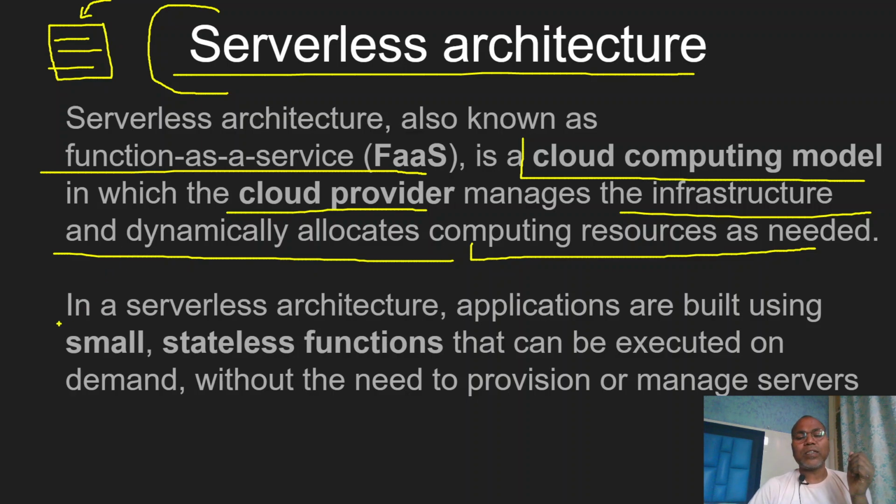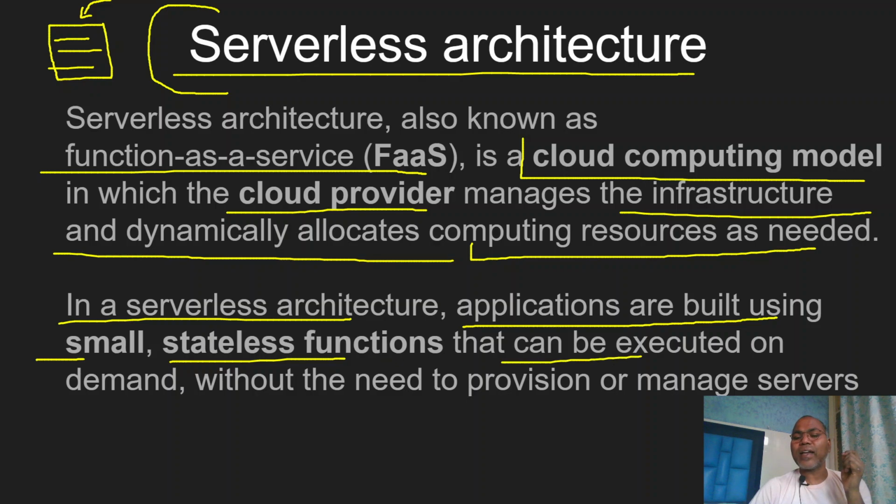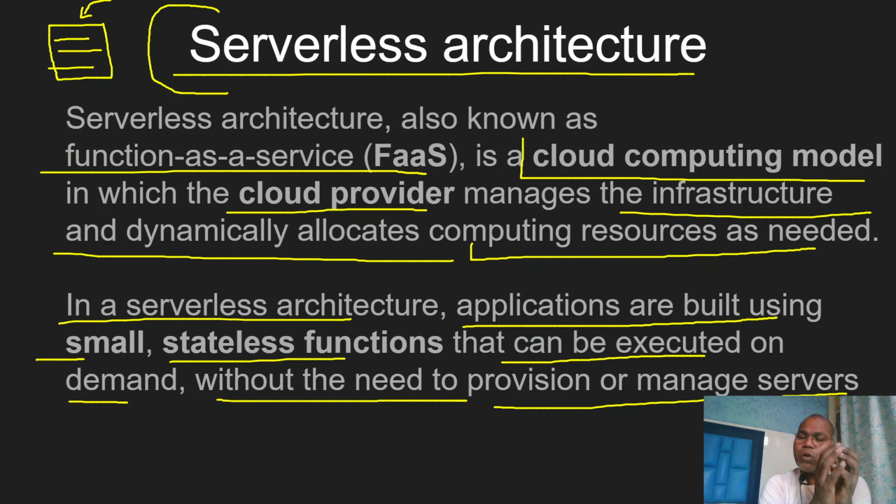Generally, serverless applications are built using small stateless functions that can be executed on demand without needing to provision or manage servers. You write one small business capability for a specific use case or scenario, preferably a stateless function, that is executed by your cloud provider.